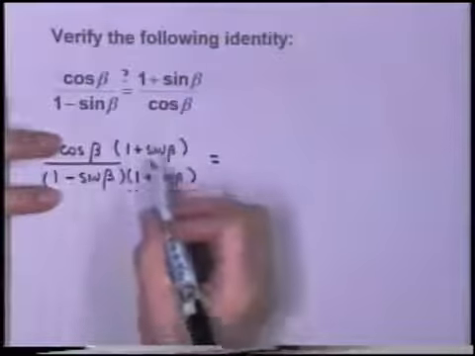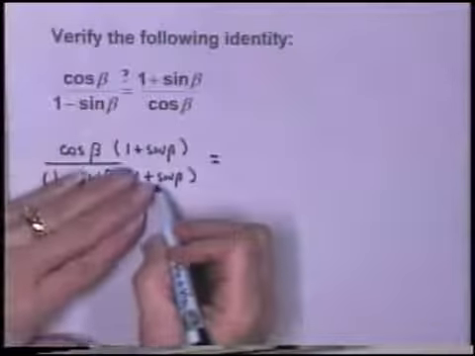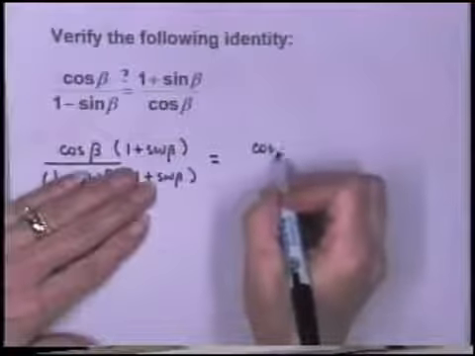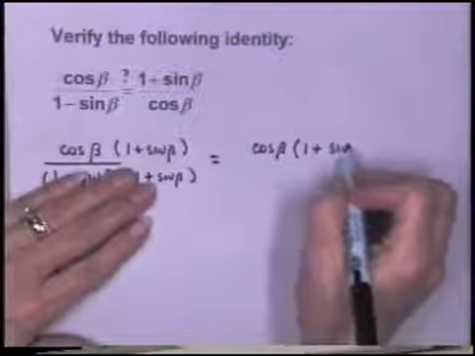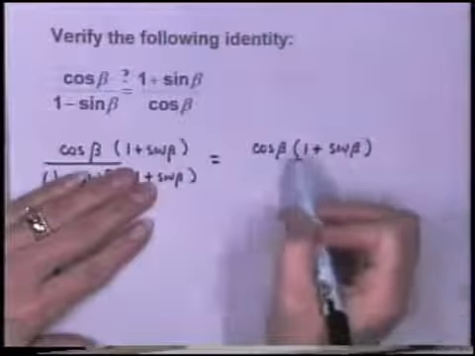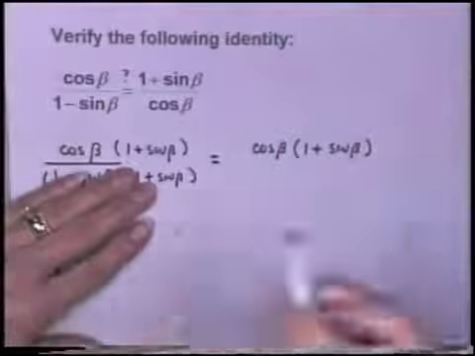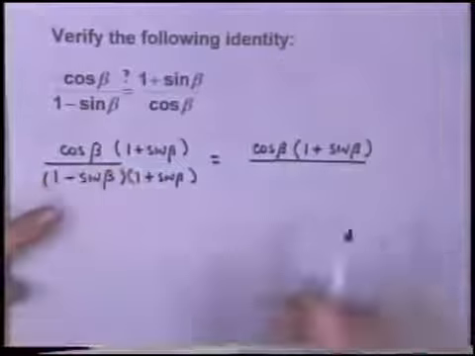So we're going to take this original fraction and multiply the numerator and denominator by the same thing, which is legal. Now, I'm going to suggest that for now we leave this numerator factored. The reason I'm suggesting that is because, remember, what I want to have is this 1 plus sine beta, so I'm hoping this factor is going to cancel out, perhaps. So I don't want to multiply it through here.